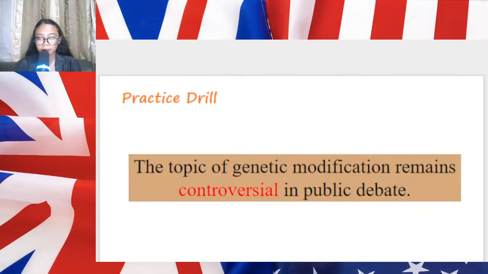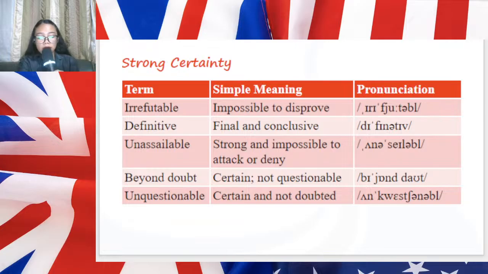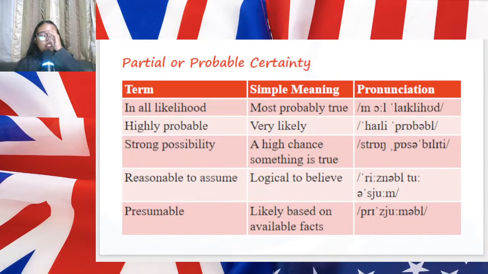So far, everyone, we've tapped into 3 areas, 3 different contexts for expressing certainty, doubt, and speculation. We started with strong certainty, where the terms included are irrefutable, definitive, unassailable, beyond doubt, and unquestionable. Then we followed it by partial or probable certainty, which includes the terms in all likelihood, highly probable, strong possibility, reasonable to assume, presumably.